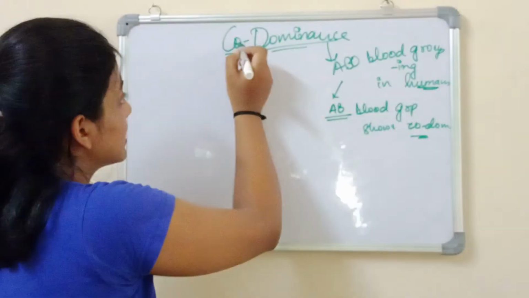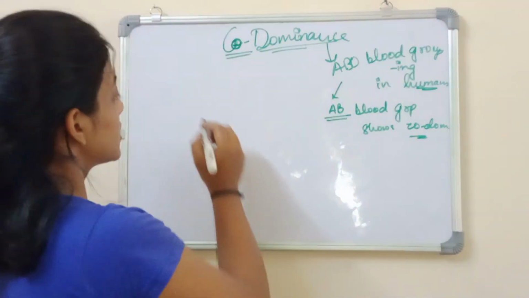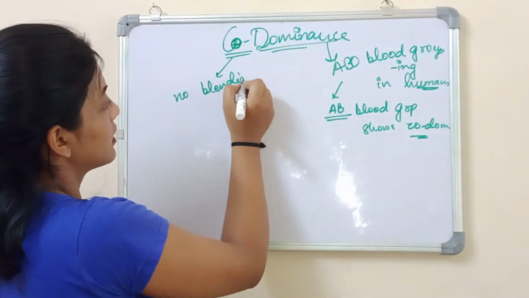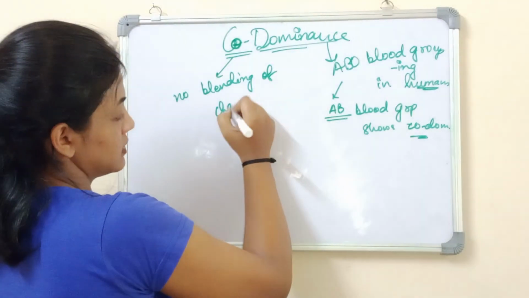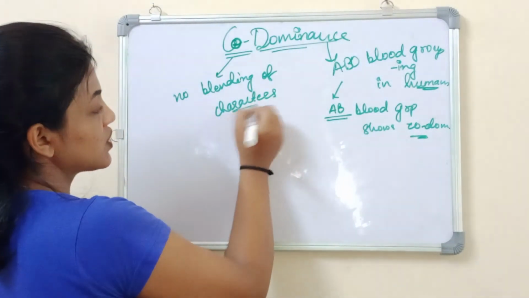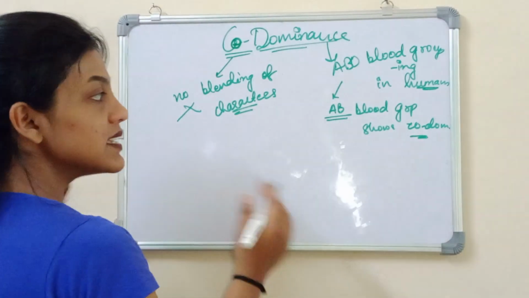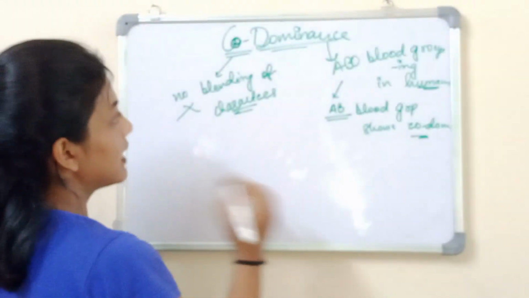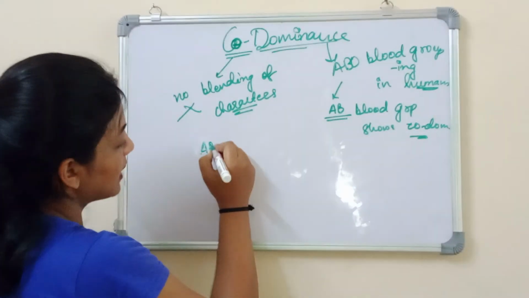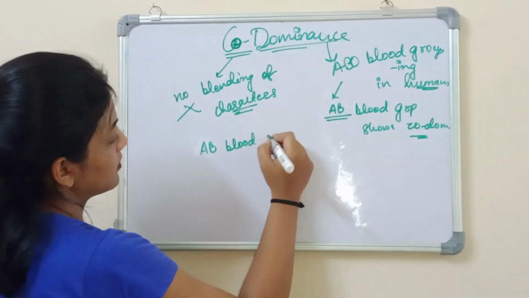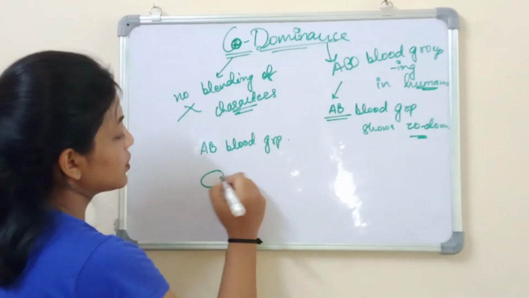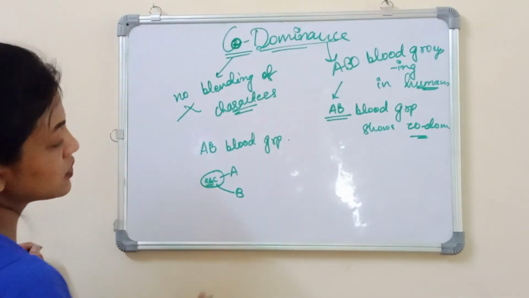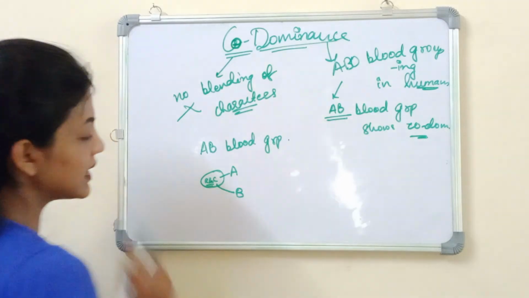But in codominance, there is no blending of characters. These are codominantly or equally expressed, like in the ABO blood grouping, the AB blood group. The RBC has both A antigen as well as B antigen.